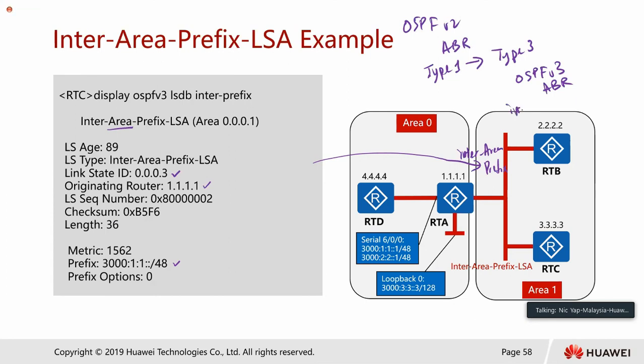I convert the intra prefix to the inter prefix. Okay, that is what they are translating to. Whatever you have as intra, I will translate into the inter prefix. That is where the inter-area prefix LSA comes into the picture.